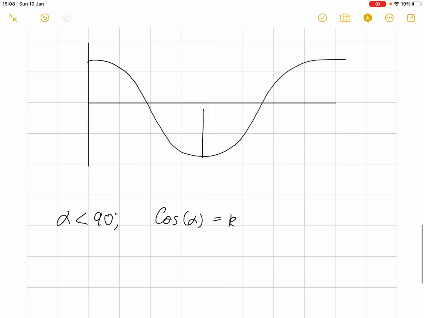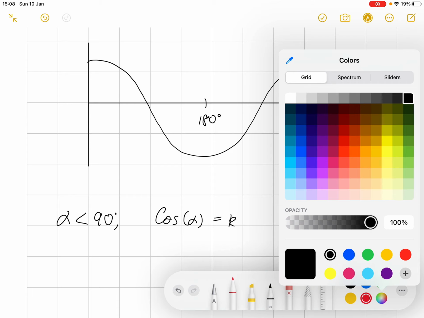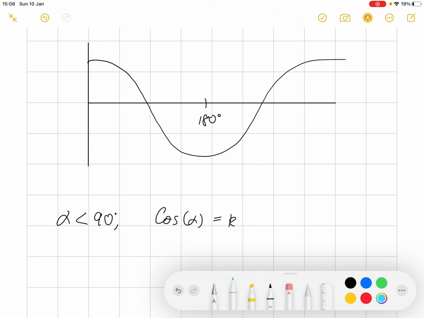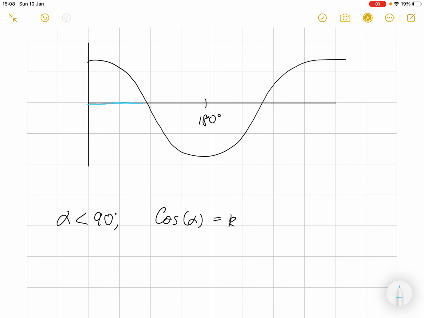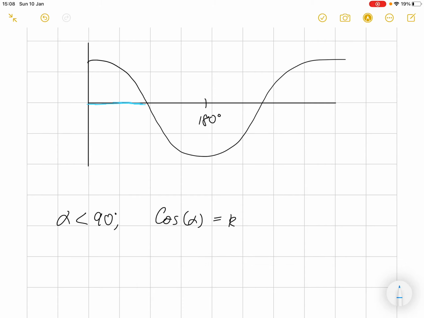Here is 180 degrees. I'm going to draw two regions onto the graph. I'll do them in a different color, light blue and dark blue. Okay, we have the light blue region here and the dark blue region here.